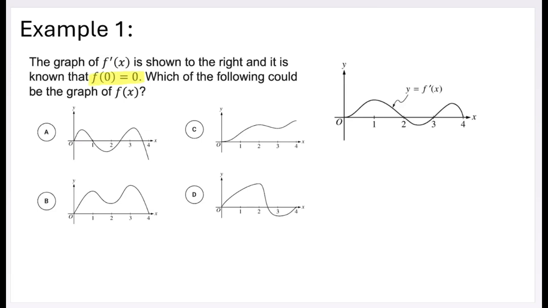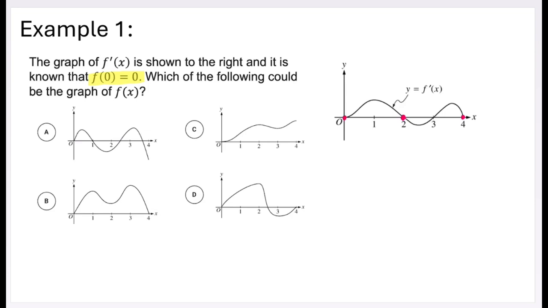But let's look at some things on the derivative that can help us identify some places on the original graph. When I'm looking at the derivative, the derivative is 0 here, and also the derivative is 0 here, and even here at the beginning.